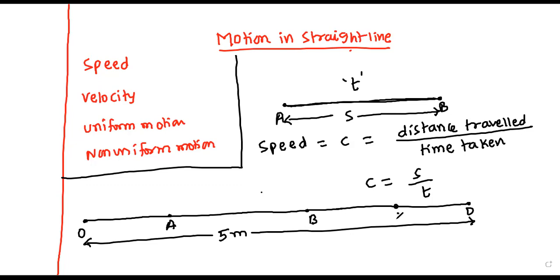Suppose O to A is 1 meter, and A to B is 2 meters. And B to C is 0.5 meter, and C to D is 1.5 meter. Okay?